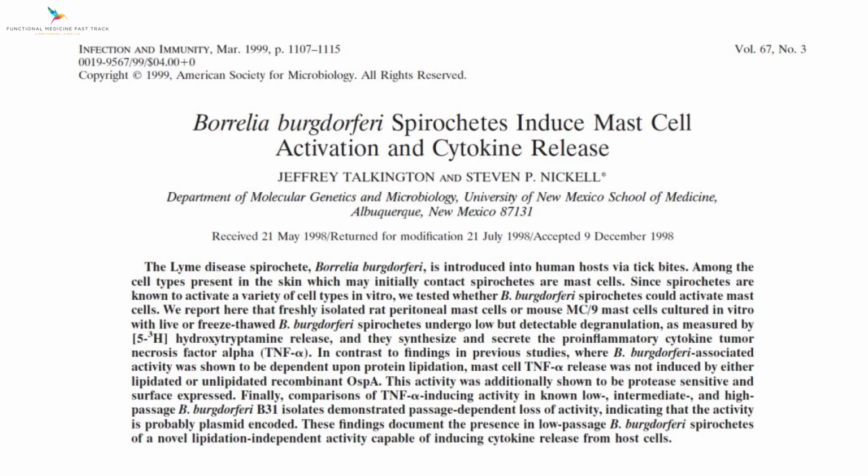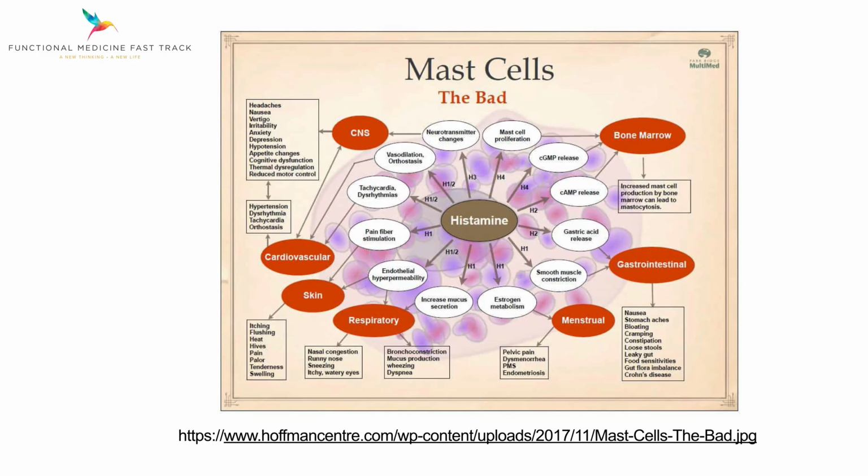So Borrelia spirochetes induce mast cell activation and cytokine release. This is exactly what we're talking about. If that immune system is heightened, the mast cells are spewing out histamines through the roof, we're getting all these reactions, inflammation sky high, and it's the perfect environment for them to thrive as everything gets depleted, broken down, and confused.